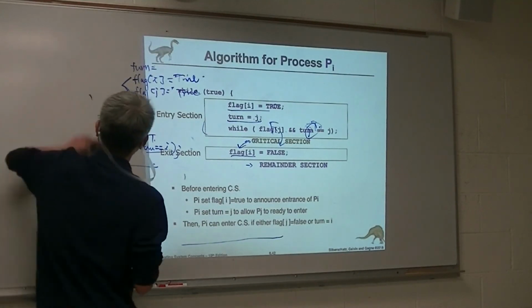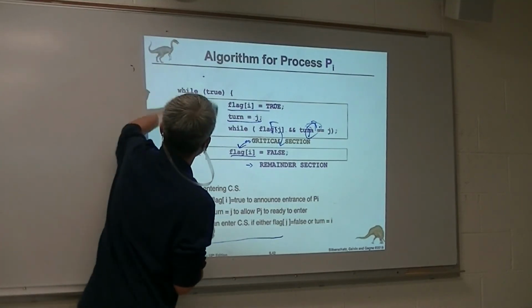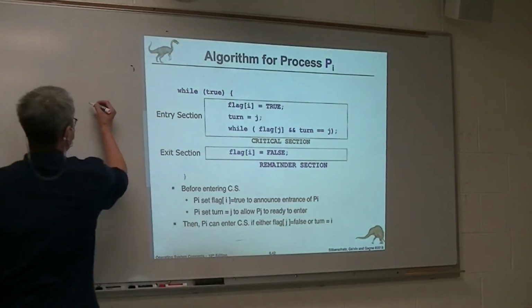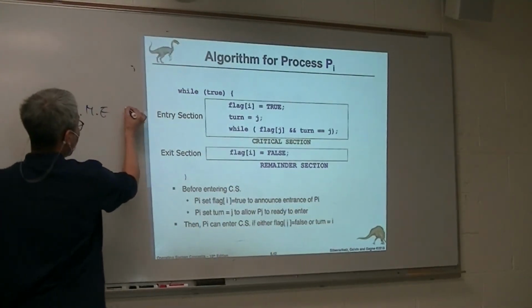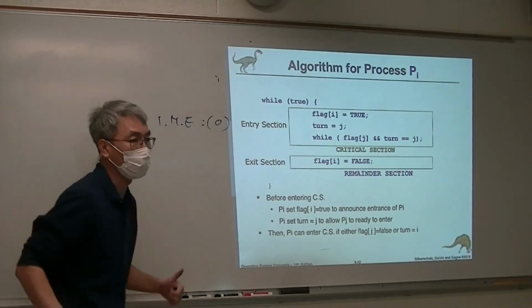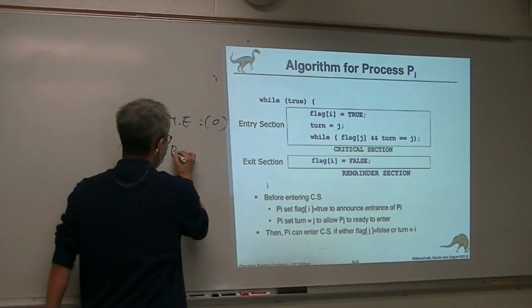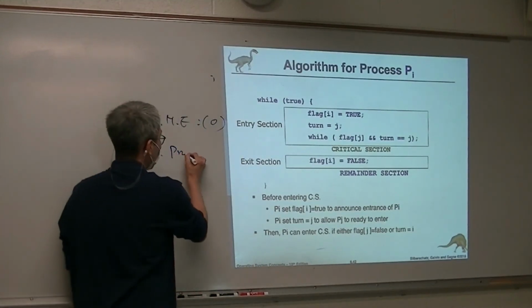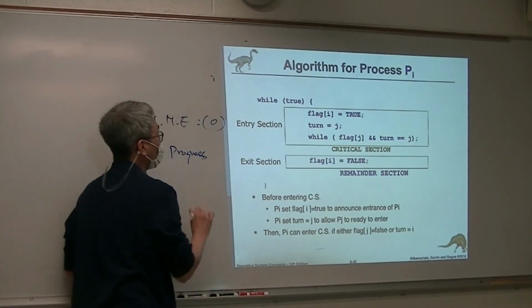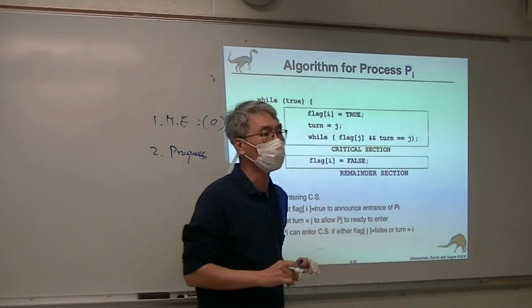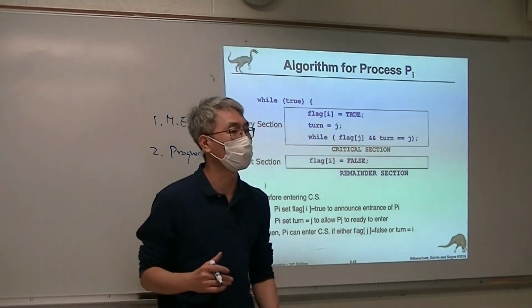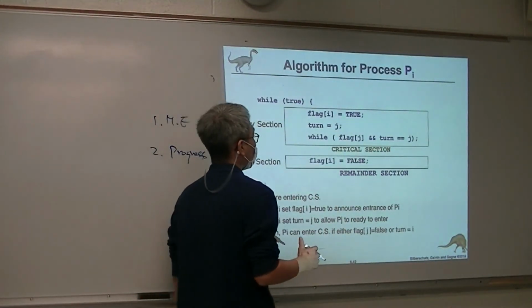So in terms of the requirements, mutual exclusion: only one process is entering. Definitely yes. And progress: even though both of them are true, you toss the key, okay? Then enter the critical section.